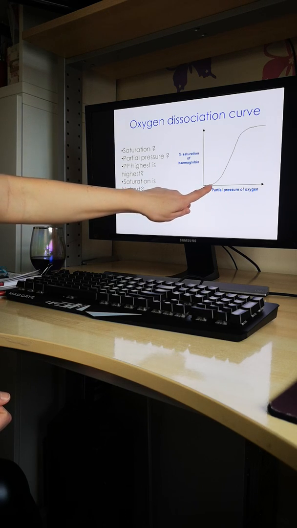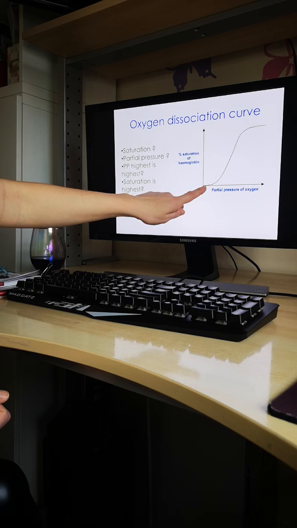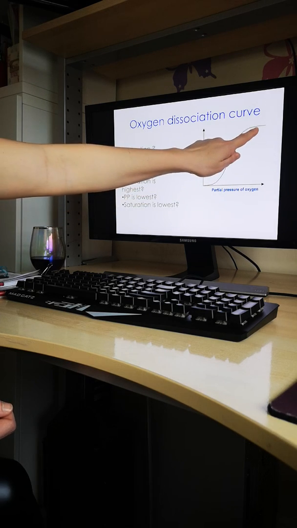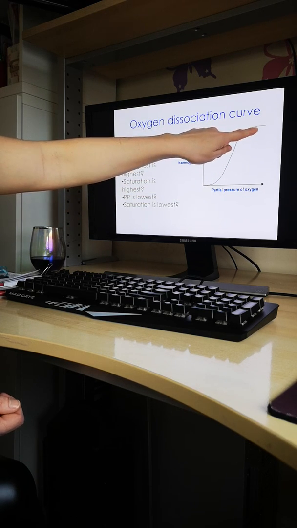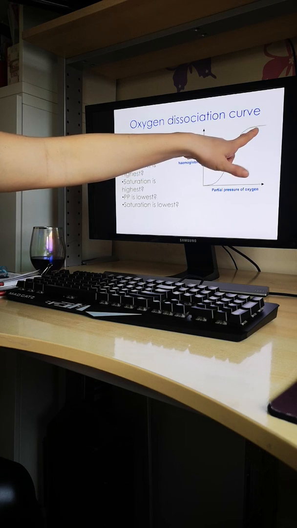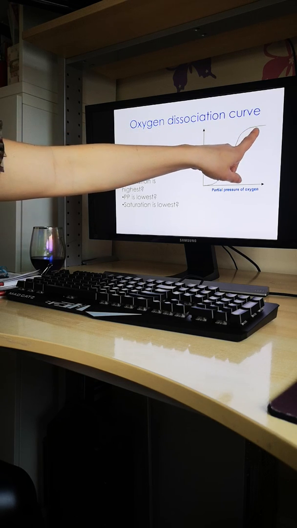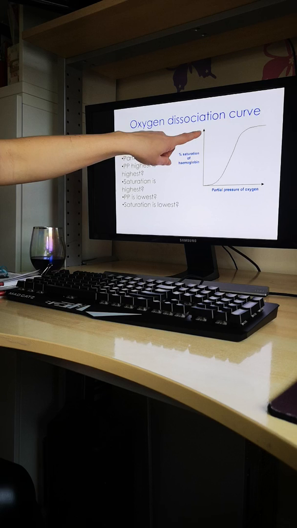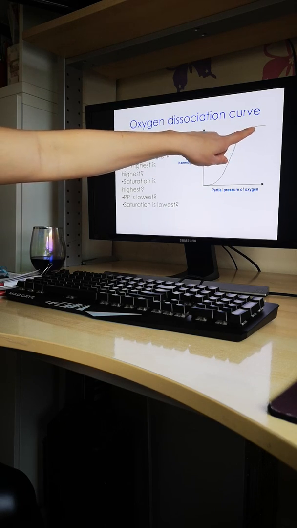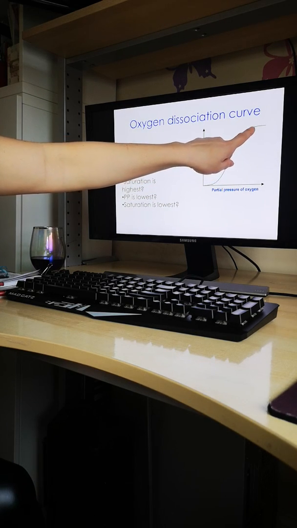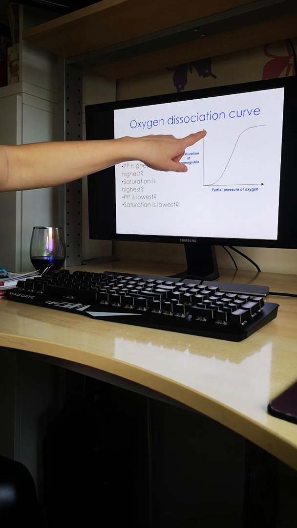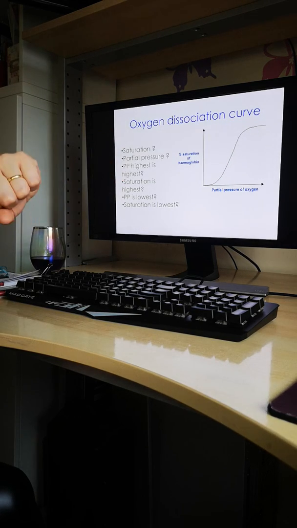So it's unloaded its oxygen, that's why its saturation is low. When the partial pressure is high, like in the lungs at the gas exchange site, then the saturation is high. That's confirming that in those conditions where there's a high concentration of oxygen, the haemoglobin is binding really readily to it. That's why its saturation is so high.